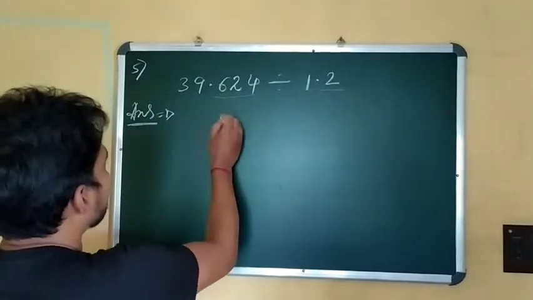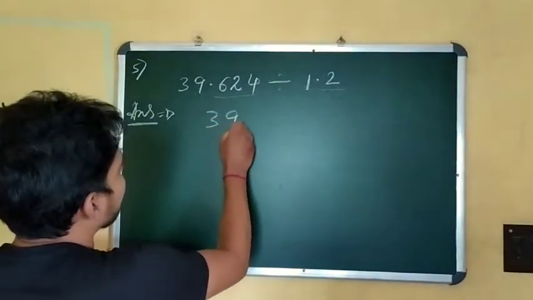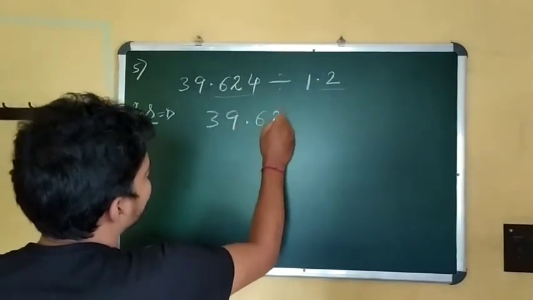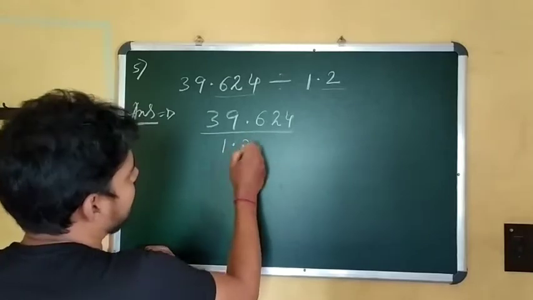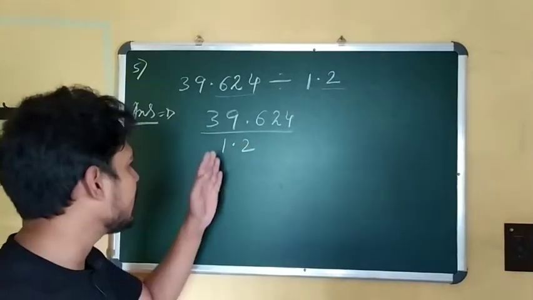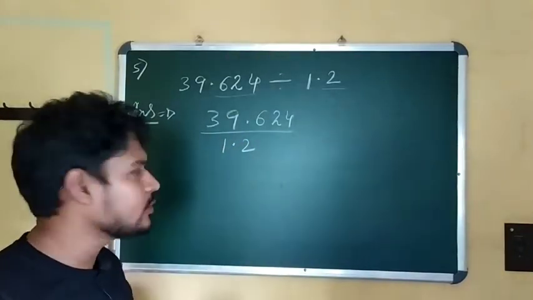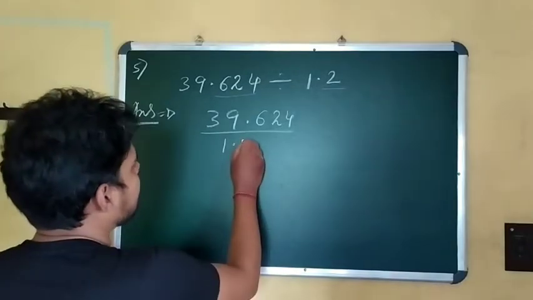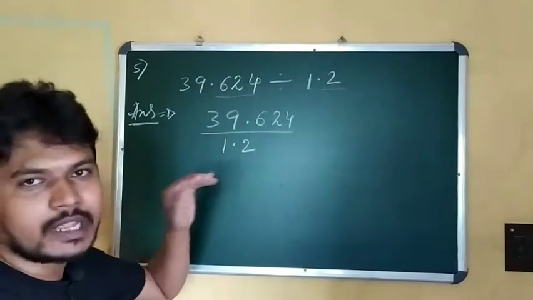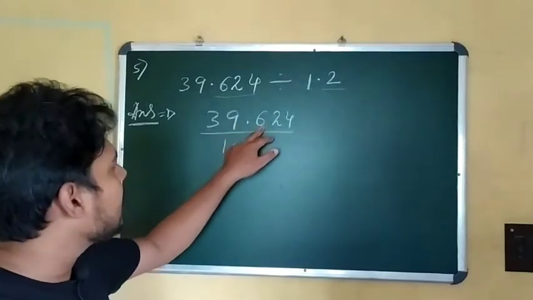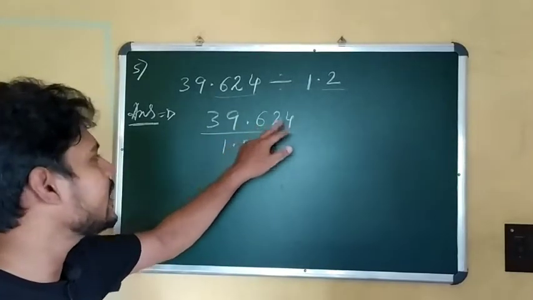At first you write down the first step, 39.624 divided by 1.2, as we know. That is our first step. Now one question is why we are not multiplying by 1000, as in the numerator there are 3 decimal places.